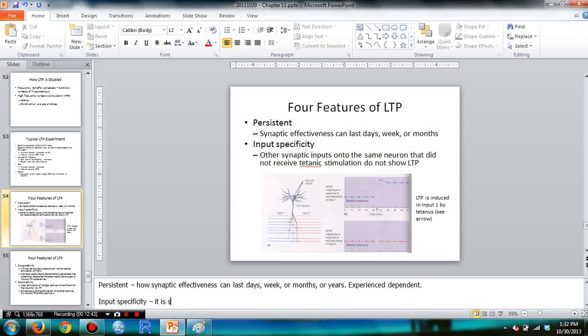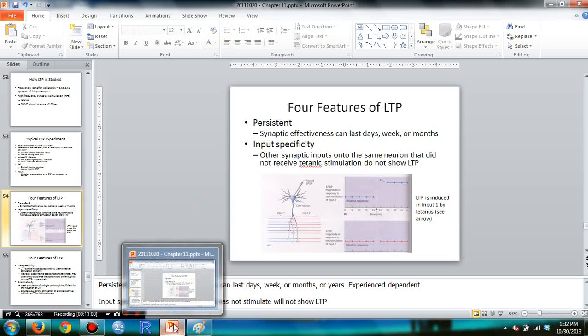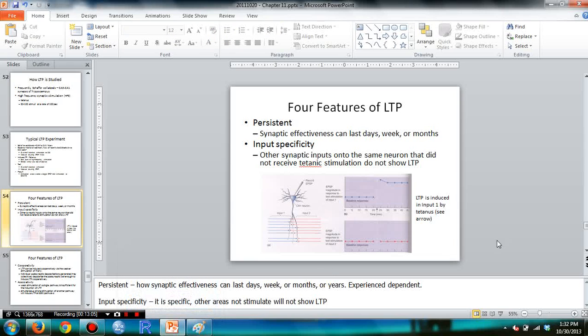But after the tetanus, it responds more, because this one, we got the actual tetanus. And here's our other input. At baseline, it responds as much. But after the tetanus, it still responds as much, because this one didn't actually engage in the execution. So it's input specific. Is that good?